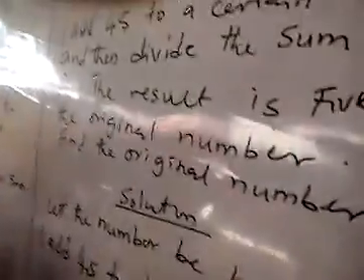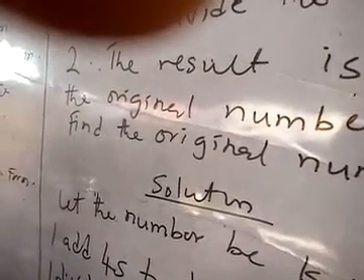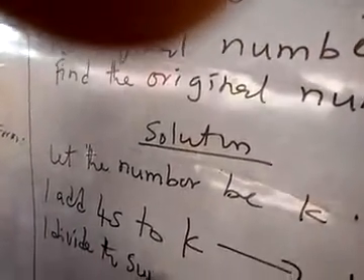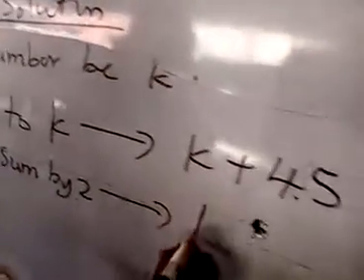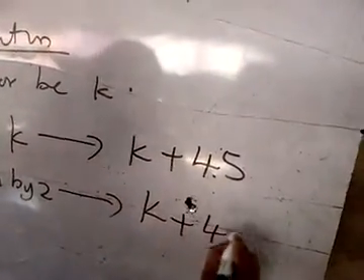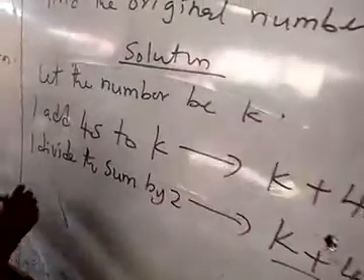Then the second one says, then divide the sum by 2. Divide the sum by 2. This will give you K plus 45 over 2. Say the result.